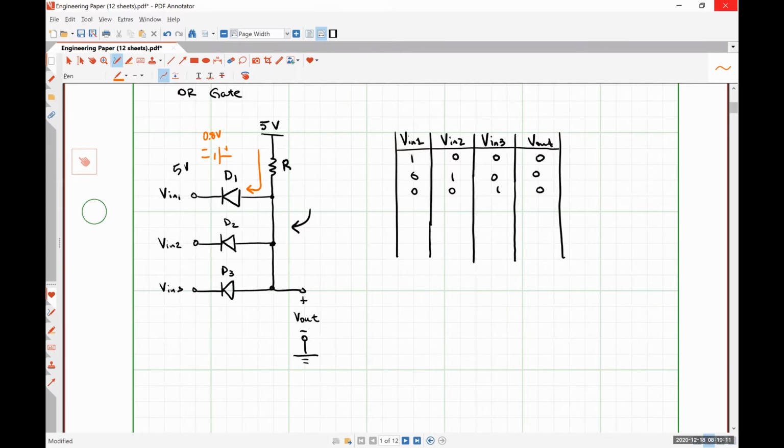So if Vn goes high, actually, let's not do that. There's no voltage drop over the resistor. All right, so sorry, I'm thinking my way through this.